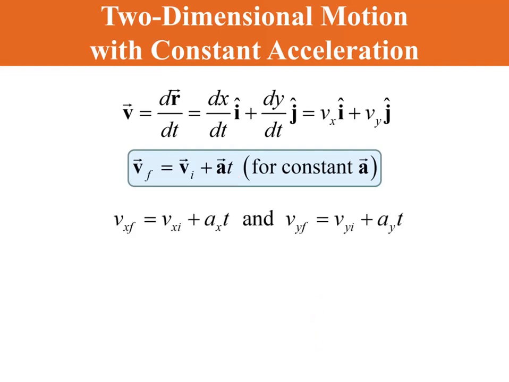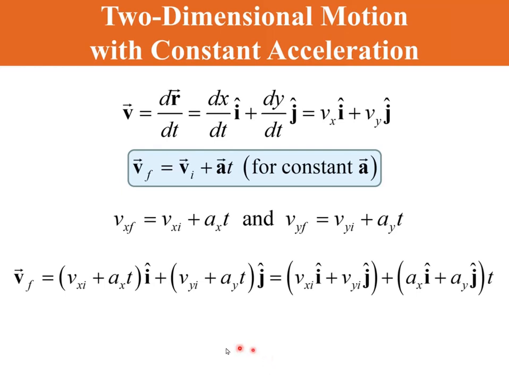Thus it will become vxf equals vxi plus axt, and also for the y axis, vyf equals vyi plus ayt. Combining these two in terms of unit vectors, we have v final equals this equation in terms of i, and then the same equation in terms of j.